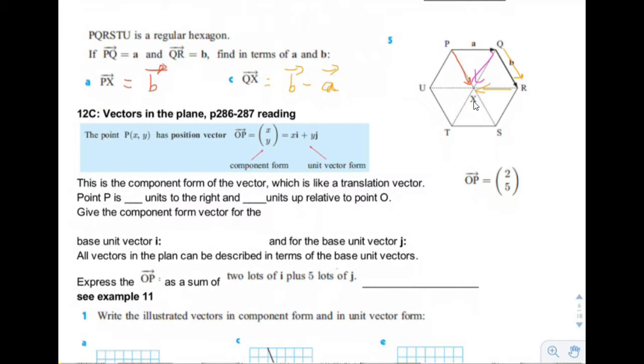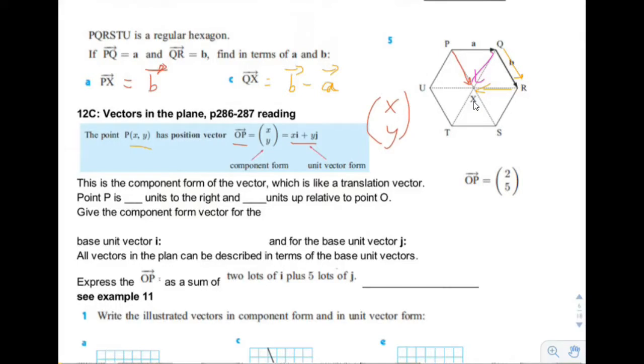12C, vectors in the plane. Let's see, the point P with coordinates x, y has position vector OP, and they write it in this form where they have the x coordinate above and the y coordinate below. The other way you can write it is xi plus yj.